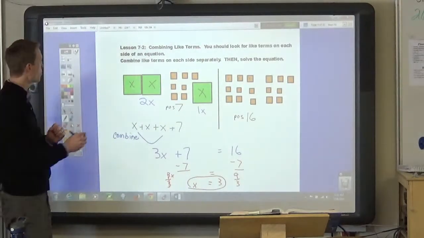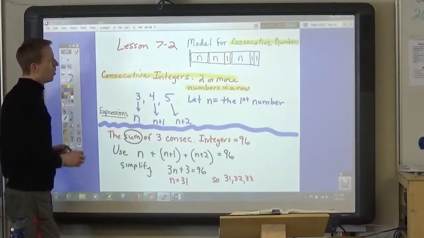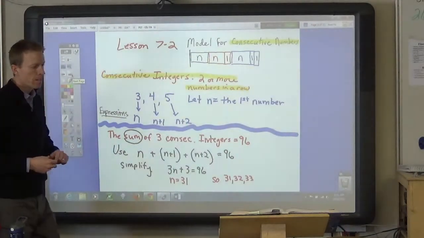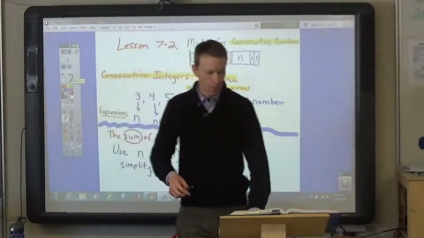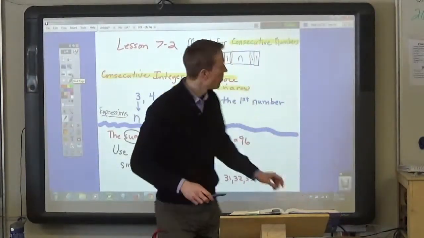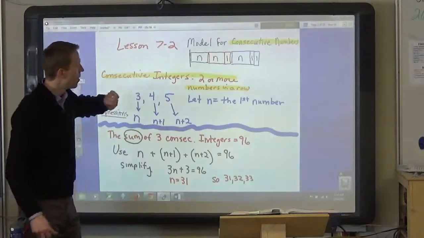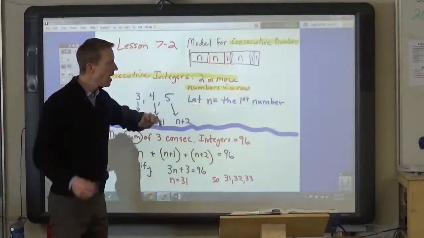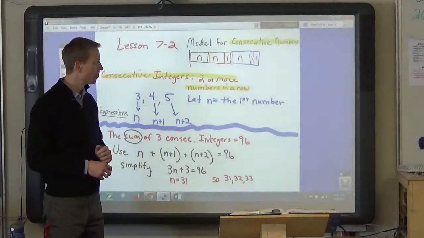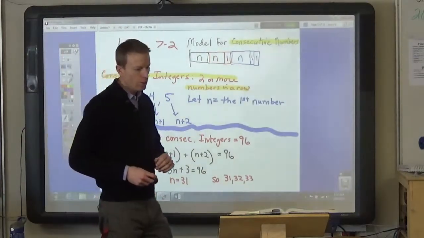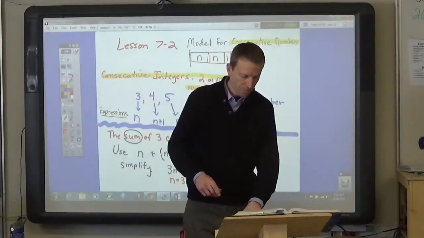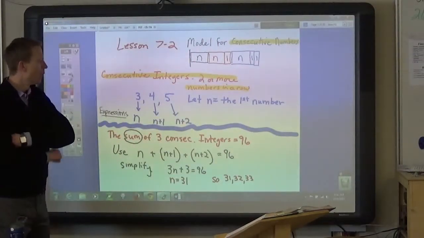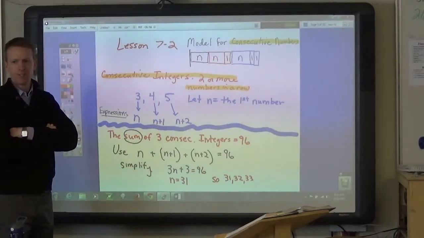Okay? Now, in this lesson, we're going to learn about equations, for example, that represent numbers that add up to a certain amount. This is example 2 in your book. In example 2, we're going to find consecutive integers.